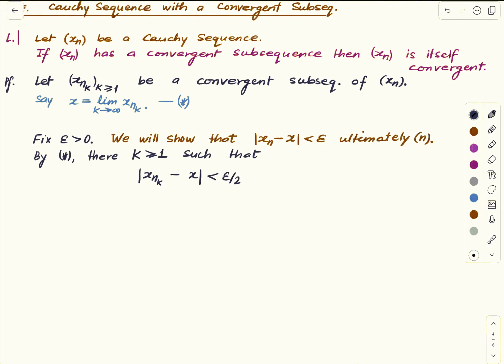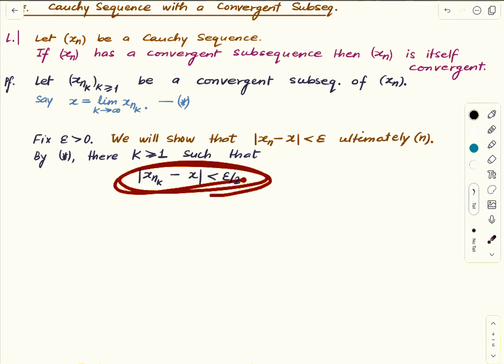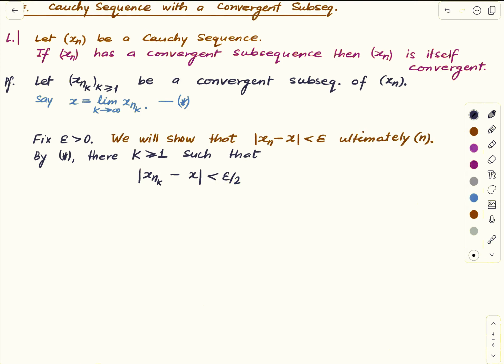We have already fixed some epsilon greater than 0, and therefore by the definition of convergence, this expression is strictly less than epsilon by 2 whenever little k is at least capital K.